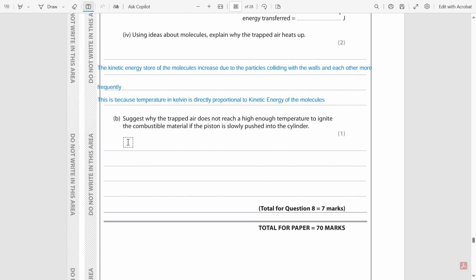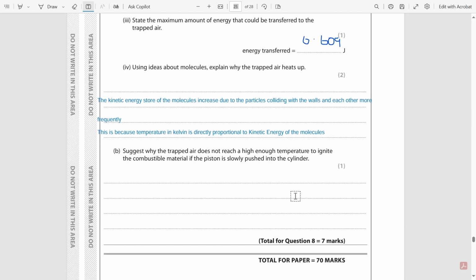Okay, last question. Suggest why the trapped air does not reach a high enough temperature to ignite the combustible material if the piston is pushed slowly. Well, we could say multiple things.